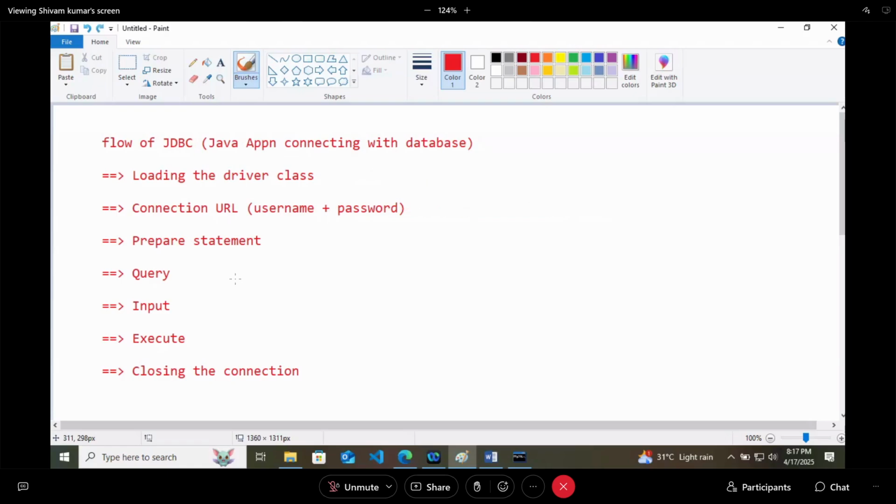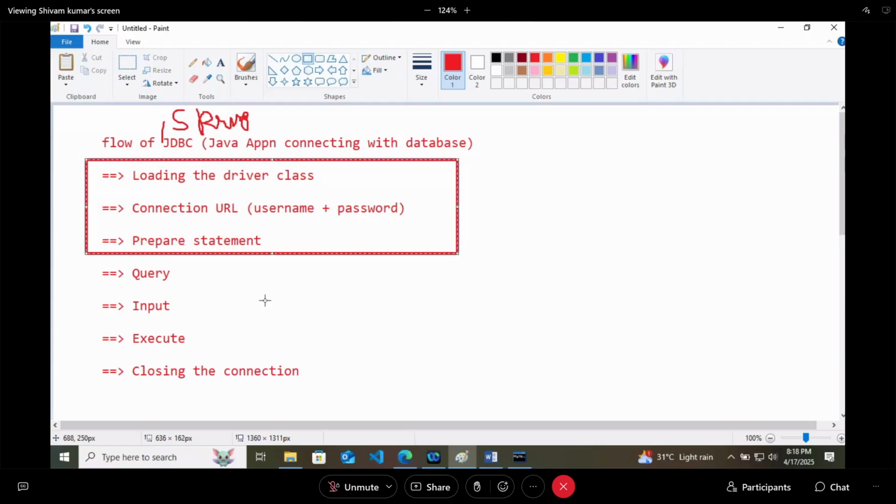But when you are talking about Spring Boot, meaning Spring JDBC, loading the driver class and the connection URL will be managed by Spring Boot. You don't even have to write the query, right?